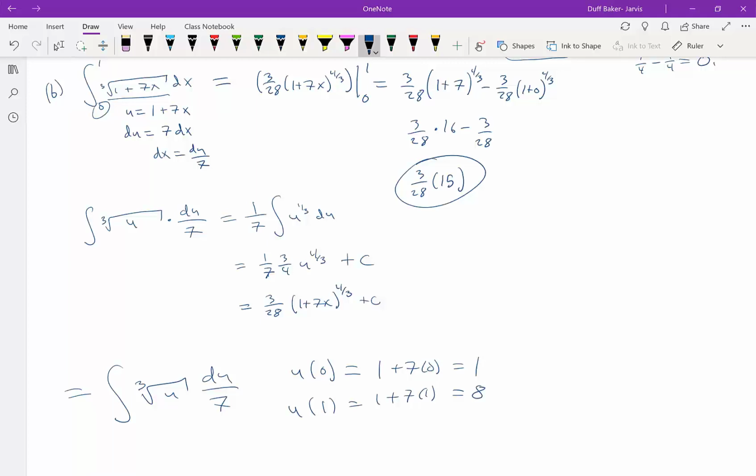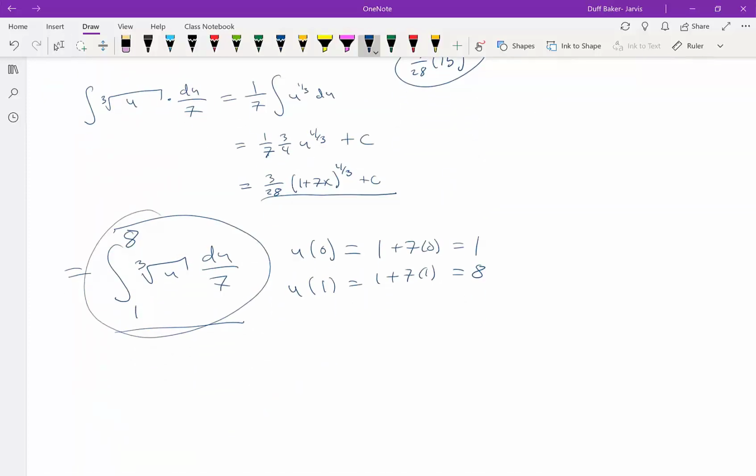So if you do everything in terms of u's, you'd go from 1 to 8, and then you would never have to go back to x's. So what I'm saying is you could find an antiderivative in terms of x and then evaluate the original bounds, or you can transform the bounds and do everything in terms of u's. And you'll see that's exactly what we had before.